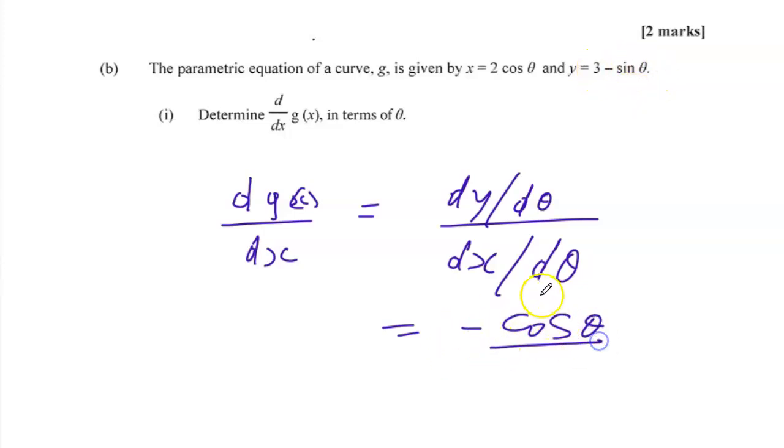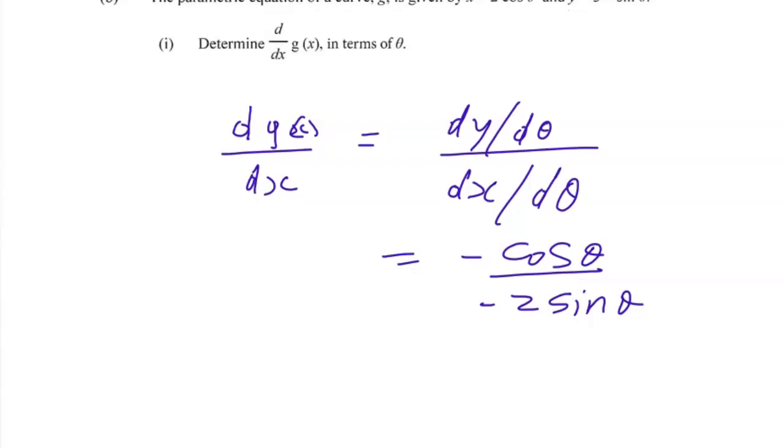And dx by d theta, differentiate 2 cos theta, that's negative 2 sine theta. If you wish, you could rewrite this as cot theta upon 2, because cos over sine is cot. Or you can just leave it as it is, cos theta upon 2 sine theta, whichever.